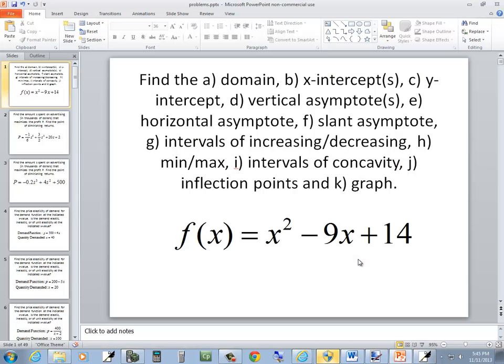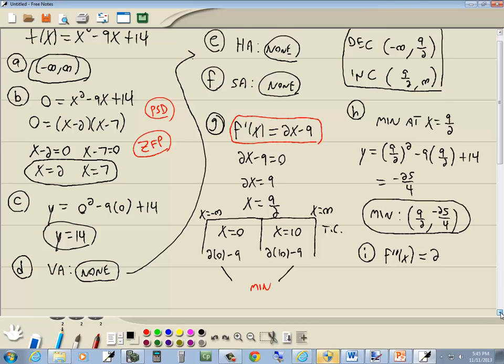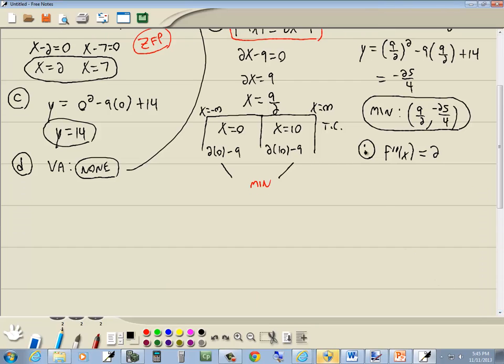I. What is I? Concavity. Well, we need our second derivative for that. So for a second derivative, we'll pick up where 2x minus 9 left off. So derivative of 2x minus 9 is 2. Now there are no critical values, because if I try to set that equal to 0, there's no x to solve for.